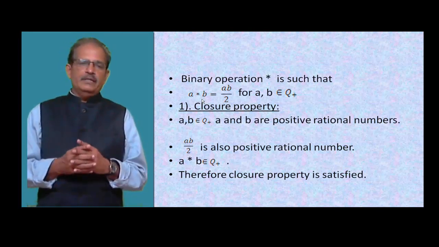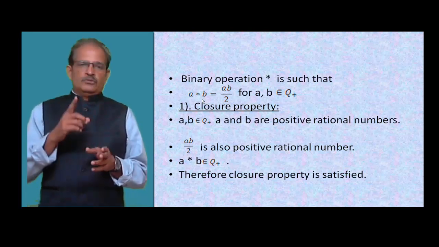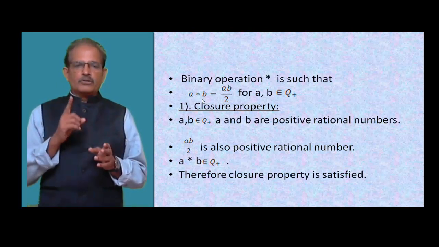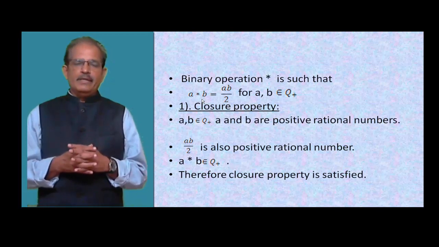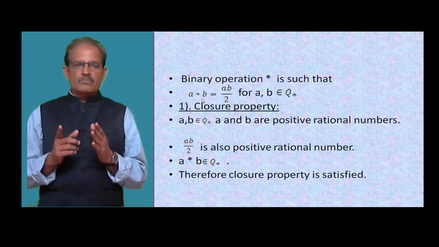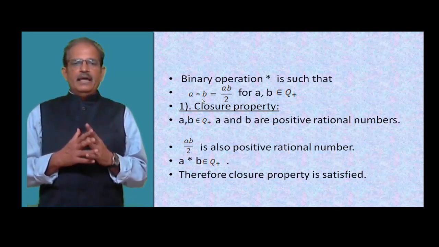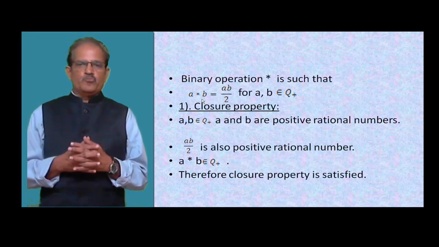First property, closure property. So you remember what is a closure property. To verify closure property, let A, B belong to Q plus. So you take two elements A and B in non-empty set Q plus. So definitely A and B must be some positive rational numbers.